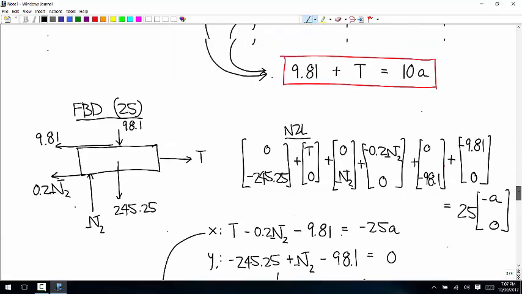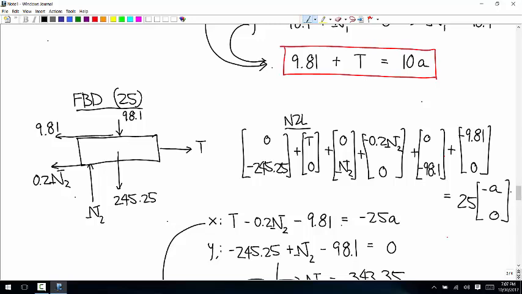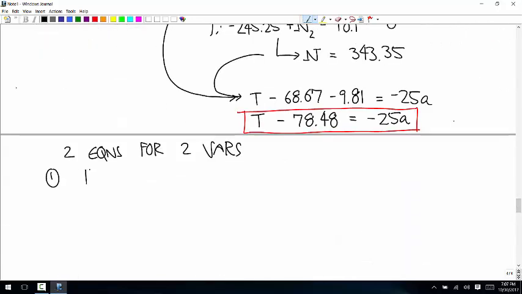The first one says T minus 10a is equal to negative 9.81. And the second one says T plus 25a is equal to positive 78.48.